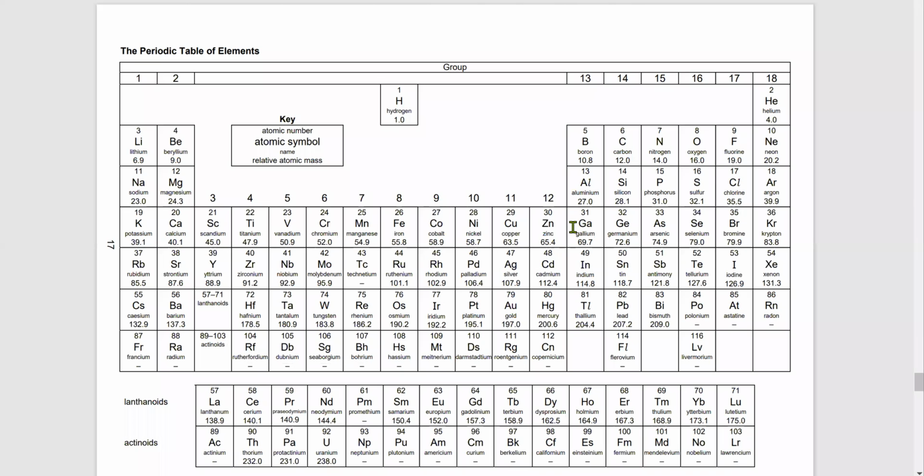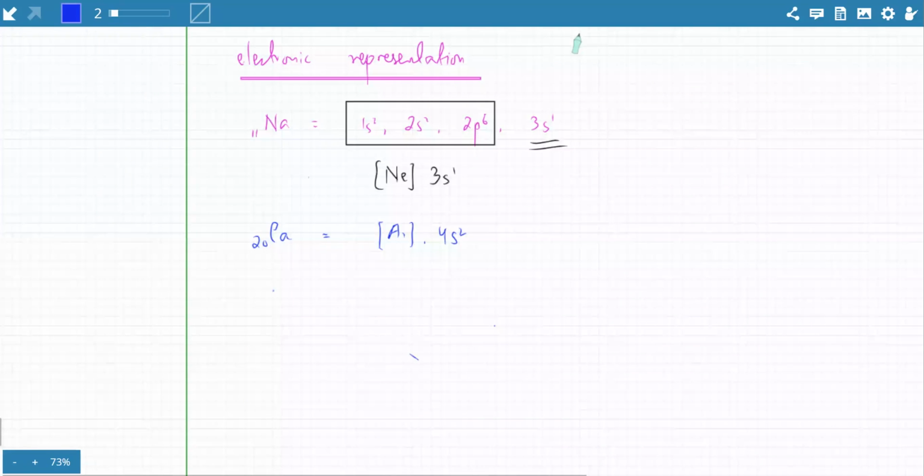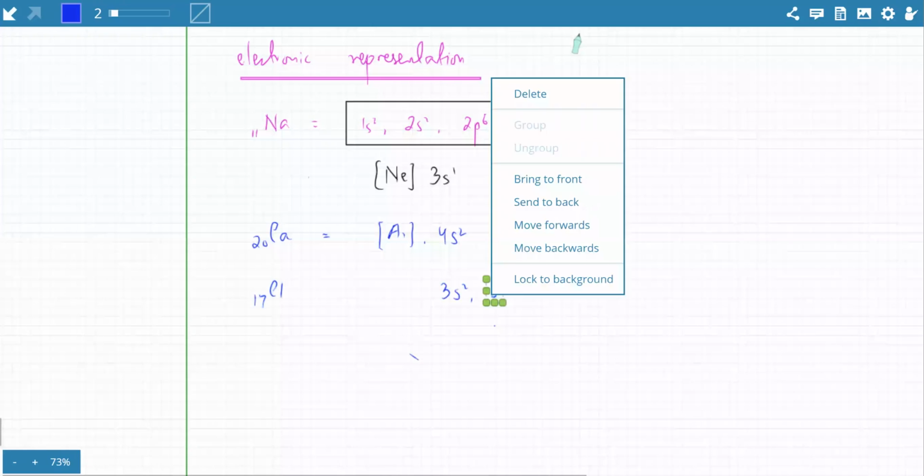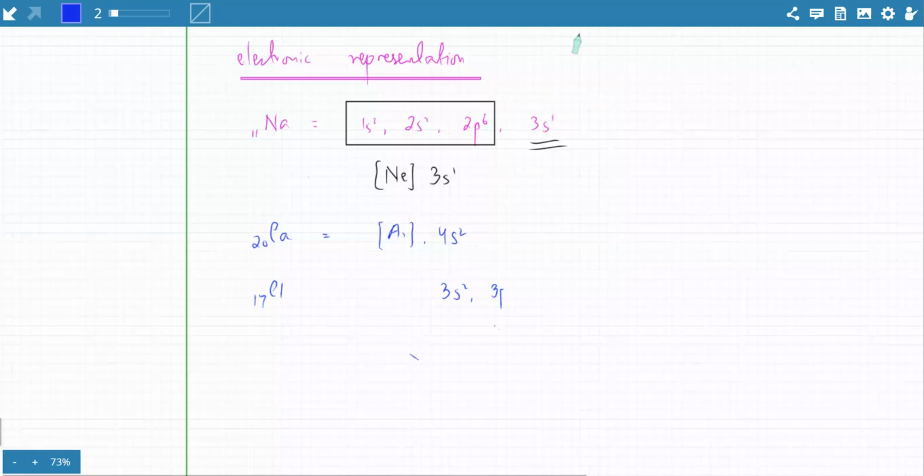We can think of any element, and you can pretty much follow the same pattern. For example, chlorine, with 17 electrons: it's in the third period and in group 7, so the outermost shell is 3s2 and 3p5.